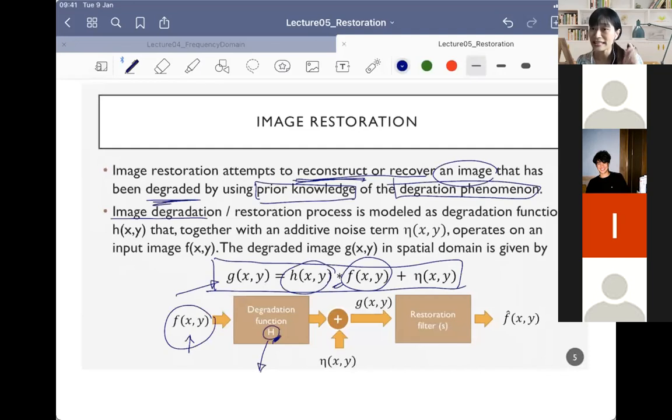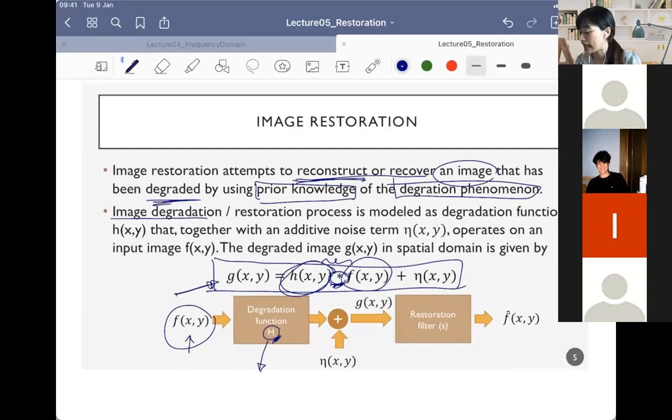In the textbook by Gonzalez that I have listed in the reference, they have the proof of how you identify the degraded image in terms of the convolution. I don't want to talk about it in detail, but this is how you model the degradation. First, it has been degraded with some function, identified by the convolution process.